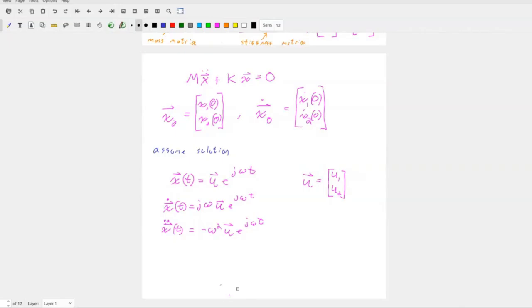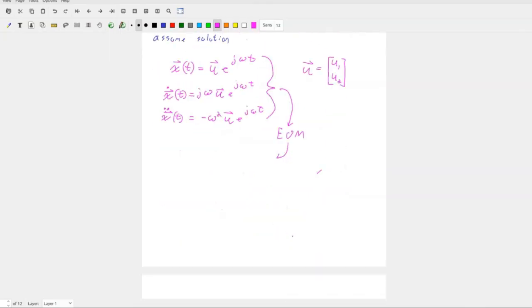That's just taking the derivative and taking the derivative again. So now we can put those back into the equation of motion in vector form.